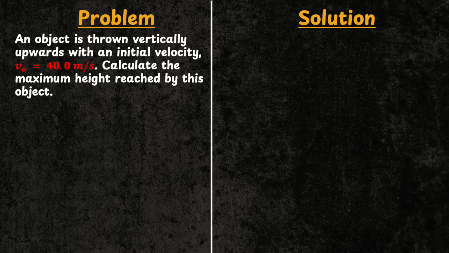I usually consider using, let's say, a soccer ball, that is given an initial velocity upwards, and that initial velocity is v0 equals 40.0 meters per second. So the velocity vector points upward because we have thrown this object vertically upward.